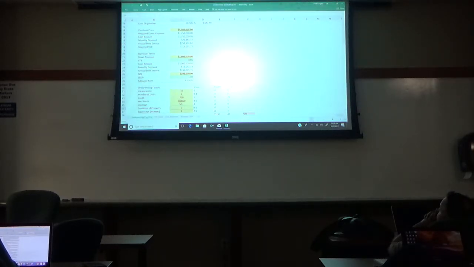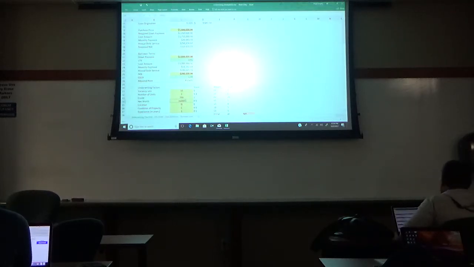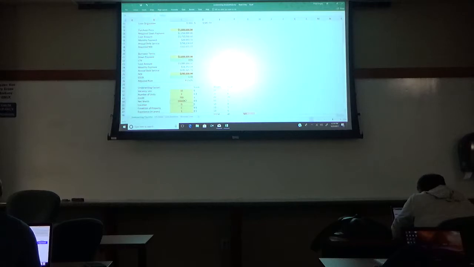The formulas are there, so all they have to do is put in the numbers. And the net worth has ranges. I have 250 here, but if someone were to put in 500, or let's put in 100 there. So the ranges are in this formula here.